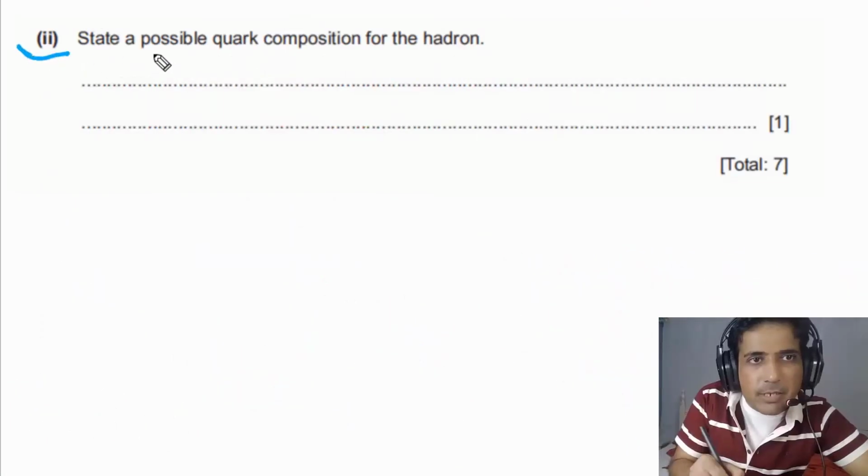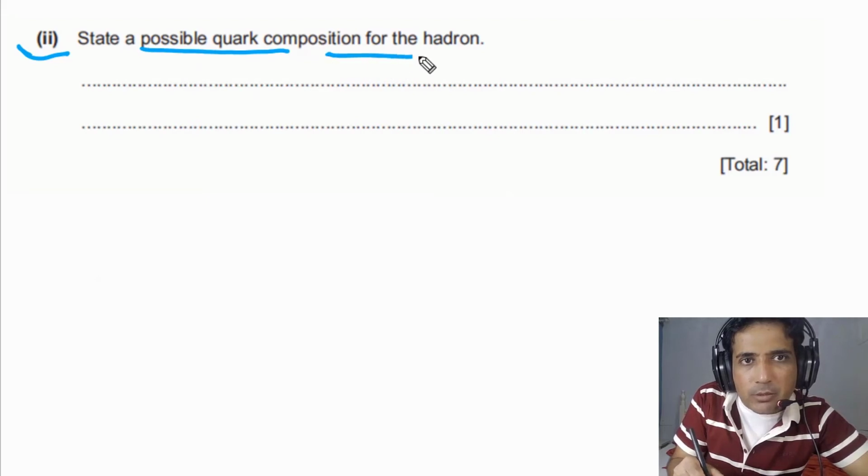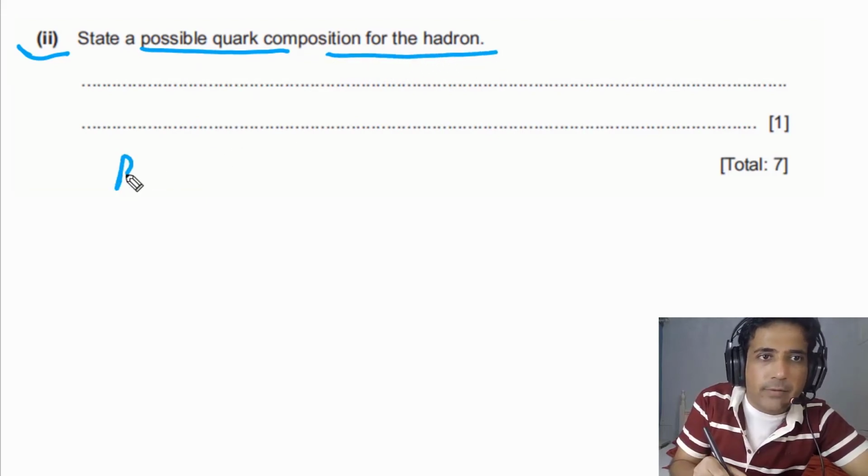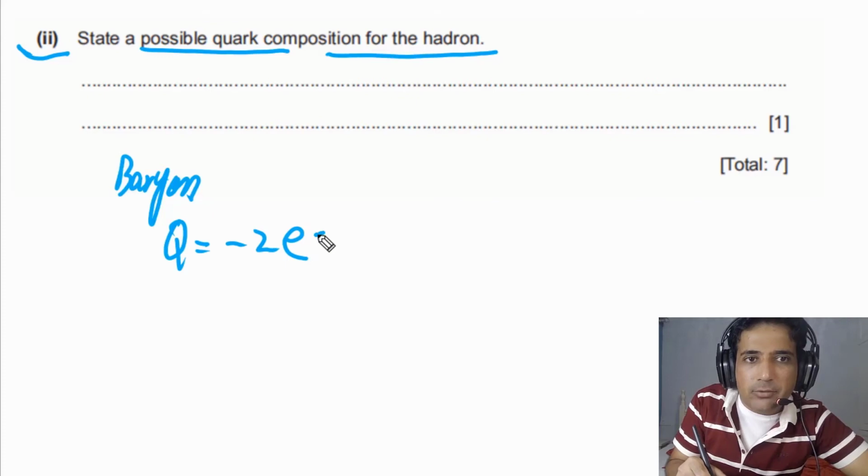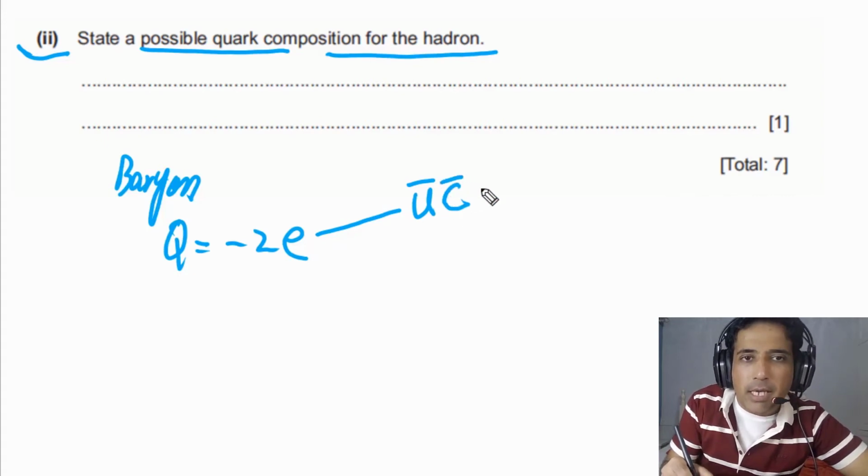For the second part, we need to state a possible quark composition for the hadron. We have already discussed that the hadron is a baryon, and the total charge on this baryon is equal to -2e. And this charge is only possible if we have one up antiquark, one charm antiquark, and one top antiquark.